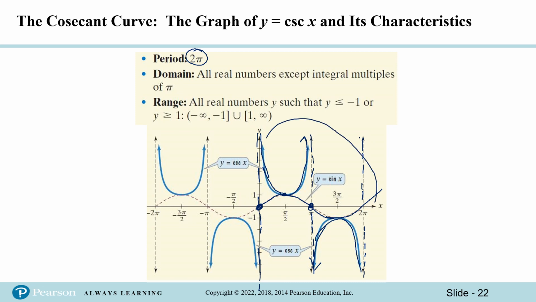So I need both of these to have a period. The easiest way to draw the cosecant is to first draw the sine and then do your U shapes.